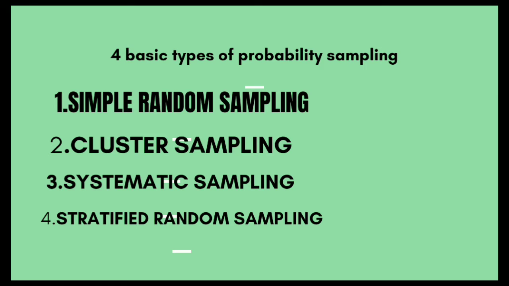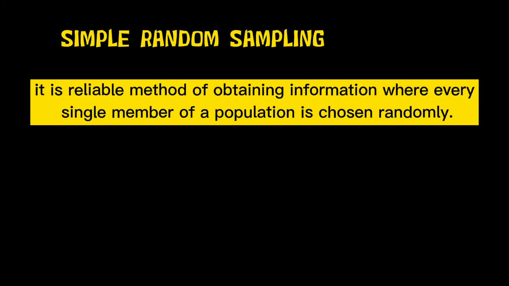Number 1 is simple random sampling. Number 2, cluster sampling. Number 3, systematic sampling. And number 4 is stratified random sampling. Under probability sampling, let me explain simple random sampling.